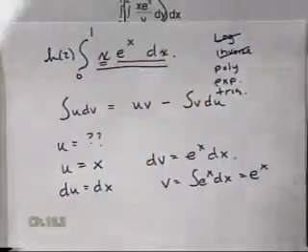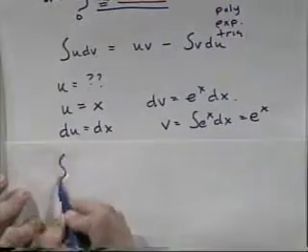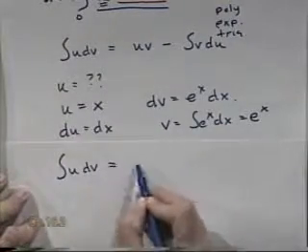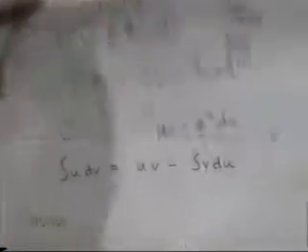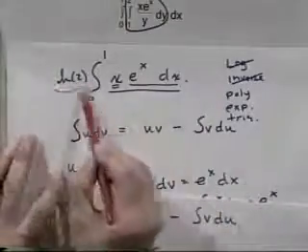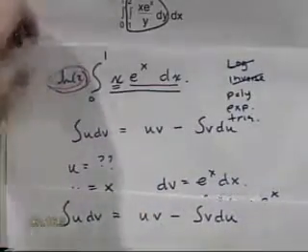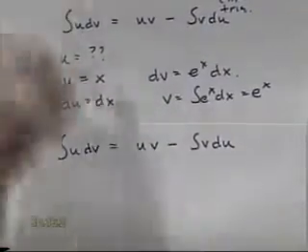Okay? So now, plugging in to what we have, the integral of u dv is equal to u times v minus the integral of v du. And you might want to just put a little circle around this natural log 2 so you don't forget about it. I'll throw him in at the end. I have u, which is x.